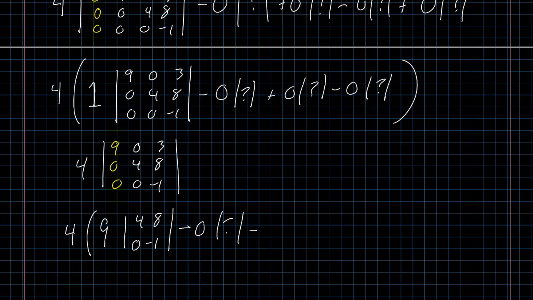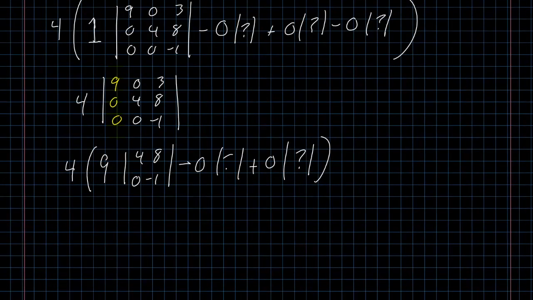Right? Alternating signs, plus, minus, plus 0 times the determinant of another 2 by 2 matrix. And again, I don't care what those 2 by 2 matrices are, because I'm going to multiply them times 0 after I take the determinant, and whatever number I got out, it just turned into a 0. So I just saved myself 67% of this step.